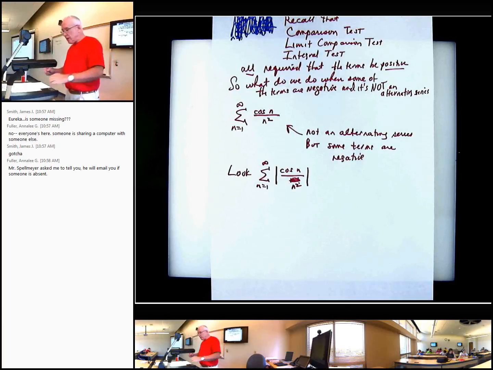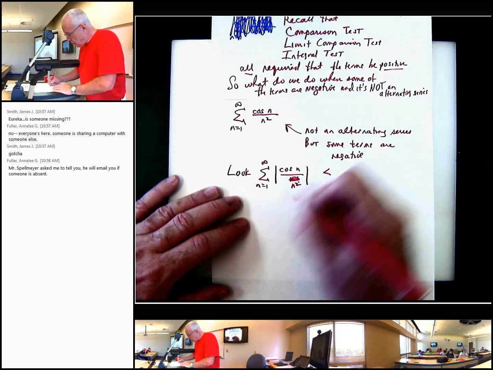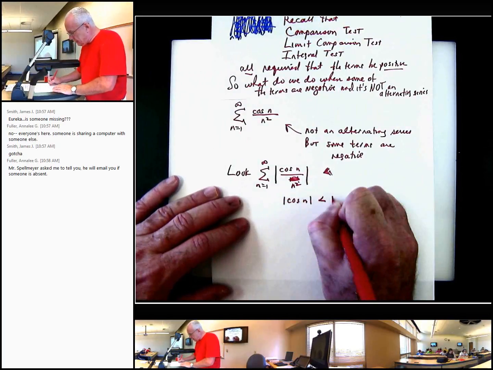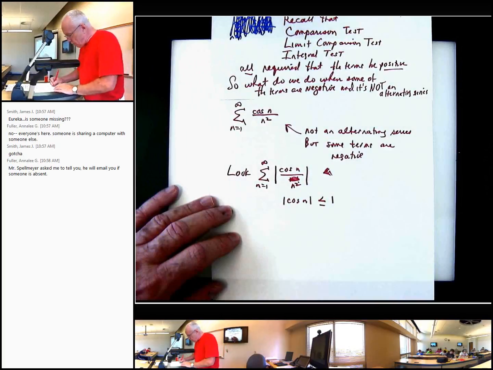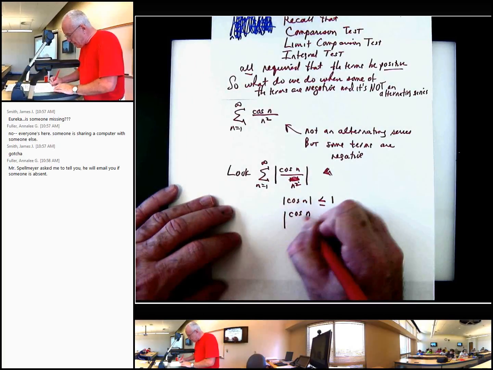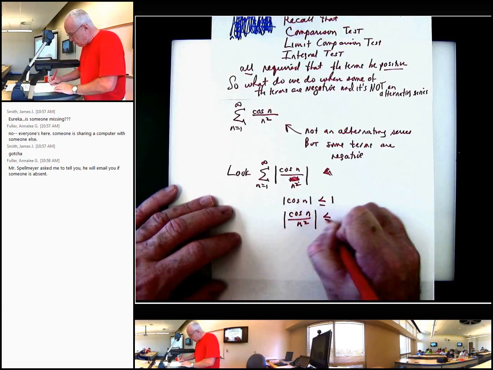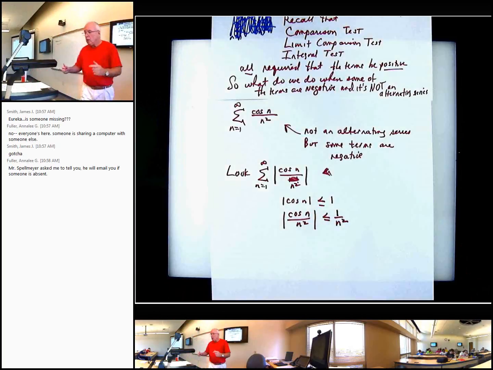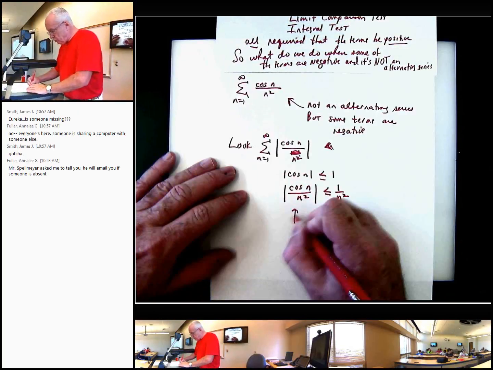So the absolute value of the cosine of n is less than or equal to 1. Therefore, the absolute value of the cosine of n over n squared is less than or equal to 1 over n squared. The terms are positive.